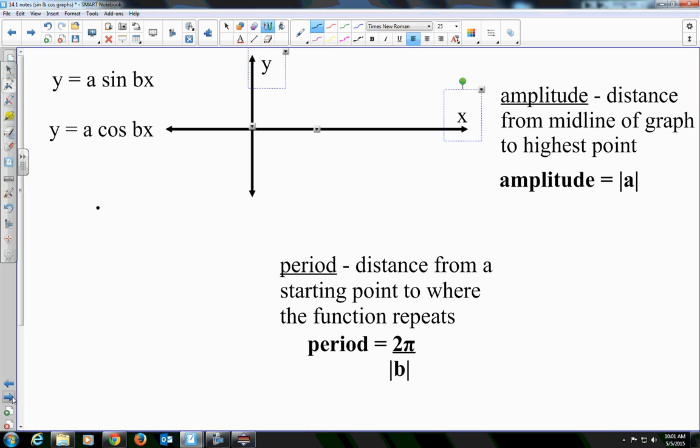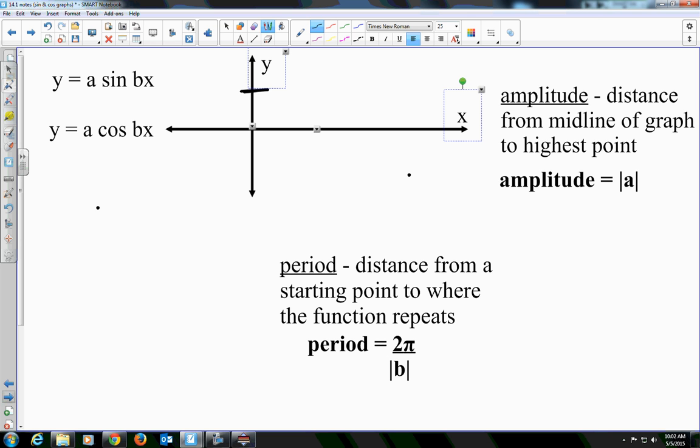So this a, whatever number is times your sine or cosine, is going to tell you what the amplitude of your function is. The amplitude is defined as the distance from the midline of the graph to the highest point. Now today the midline of your graph is always going to just be the x-axis. That's going to change tomorrow.